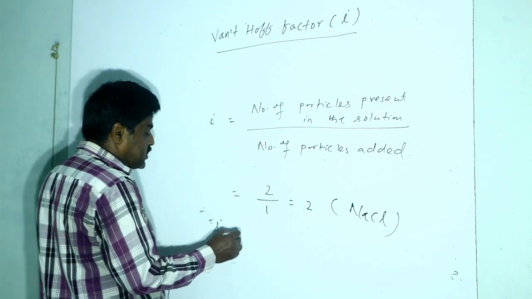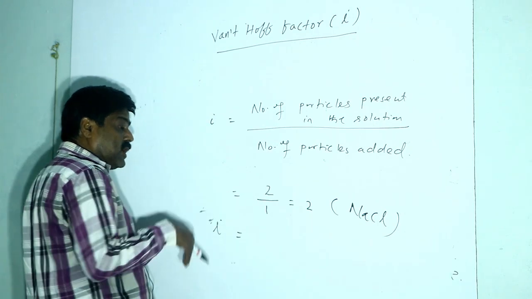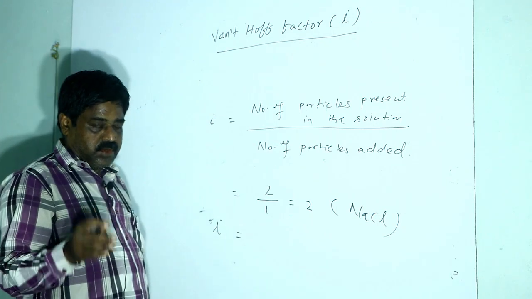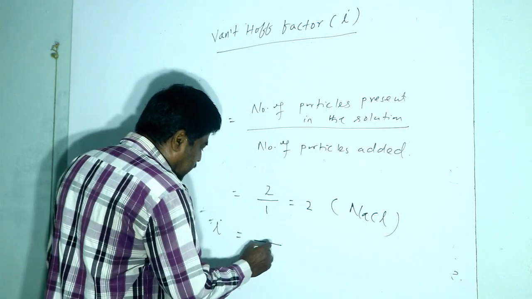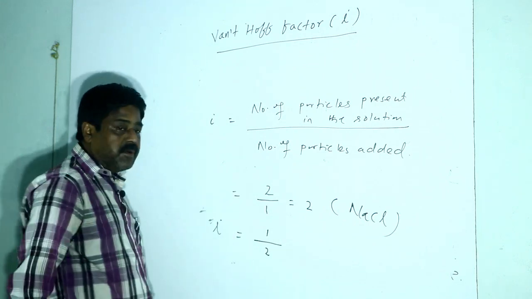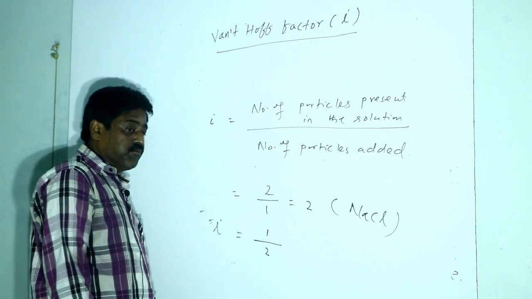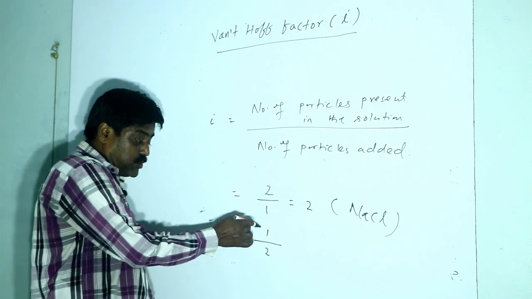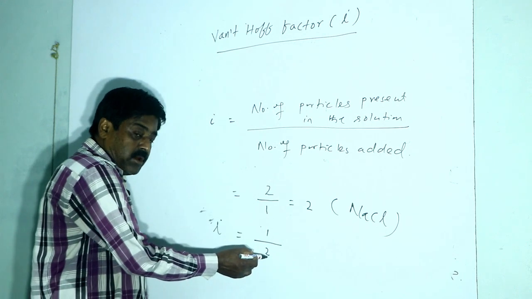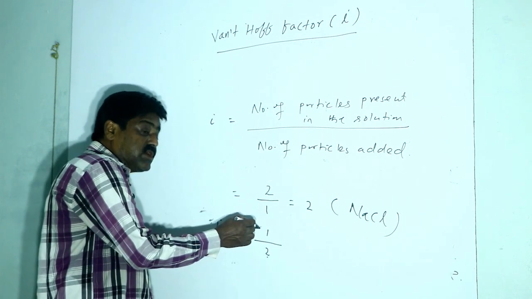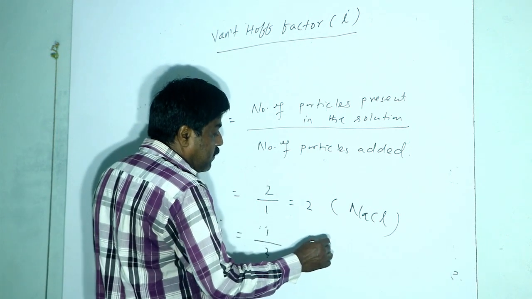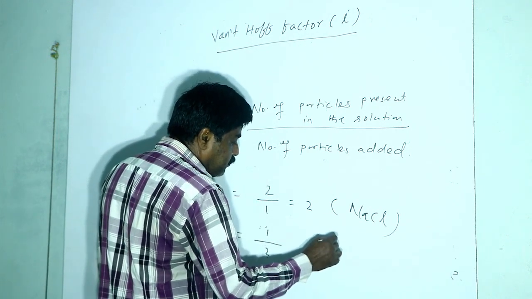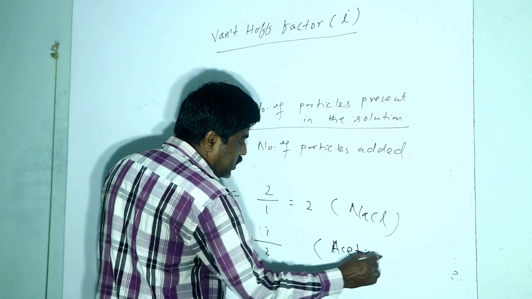But for acetic acid, what happens there? The molecule gets dimerized in the solution. When two molecules are added, we get one species in the solution. That means the value of i is equal to half for acetic acid.